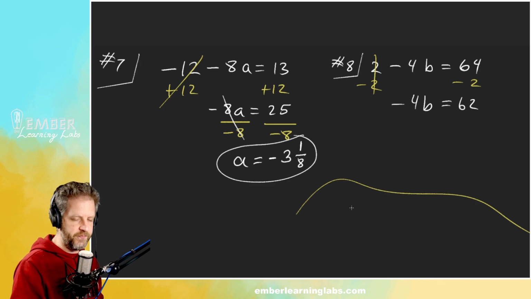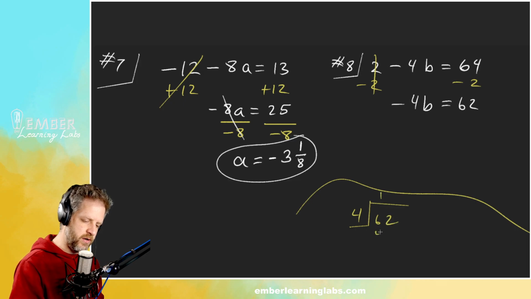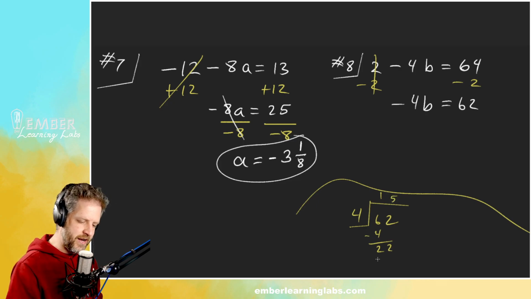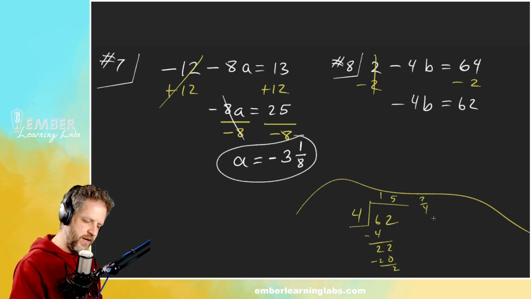Scratch paper is your friend. 62, 4 into 6 is 1, minus 4, bring down 2, get 22, put a 5, 20, subtract, get a 2, 2/4, which reduces to 1/2. So we would have gotten B equals negative 15 1/2.